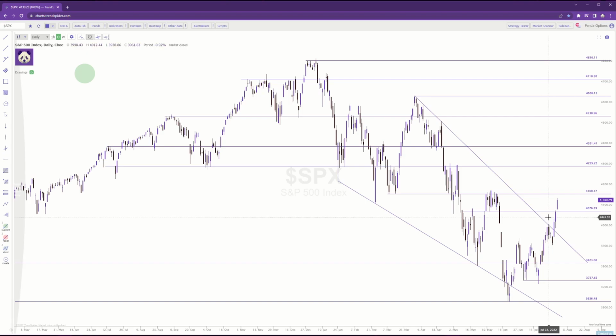If you have SPX breaking over 4076, and Tesla breaking over 870 or 850, if those pair together and you get momentum in the market, that's an A plus opportunity, right? Versus, say, the market's breaking out but Tesla's 20 points away from a big level, that alignment isn't quite as good.